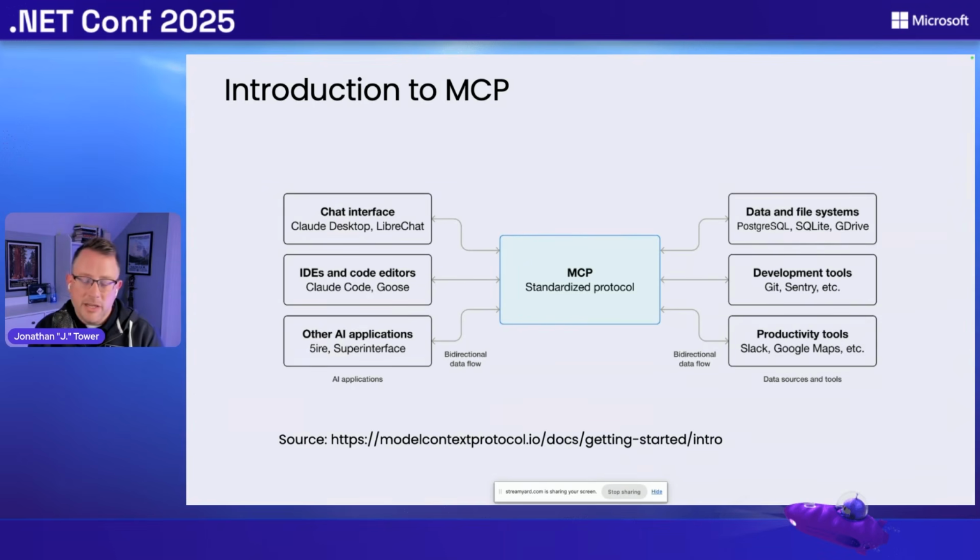So that could be underlying data systems like file storage or databases. It could be different development tools or SaaS products like GitHub. It could also be various productivity tools. You could imagine a scenario where in the future all of the airlines and hotels have MCP servers, and you can just ask your LLM to go find the best deal at a place that meets certain criteria that you're looking for.